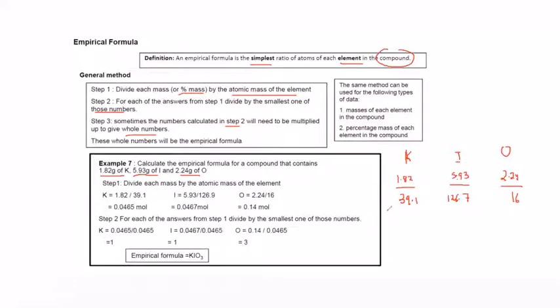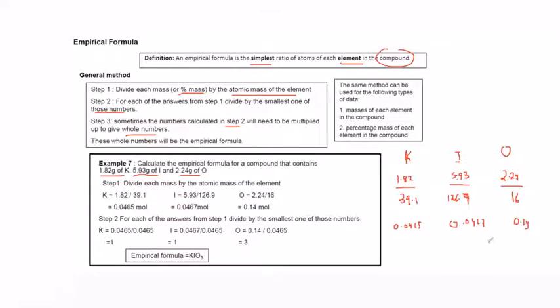When you divide 1.82 by 39.1, that will give you 0.0465. Same thing, 5.93 divided by 126.9, you will get 0.0467. And 2.24 divided by 16, you will get 0.14.